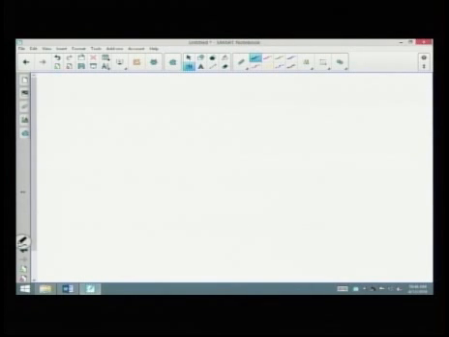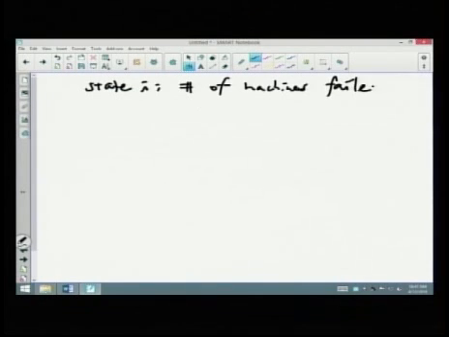So what if you define the state of the system as the number of machines working or the number of machines failed? So if I say the number of machines failed, so state i represents the number of machines failed.